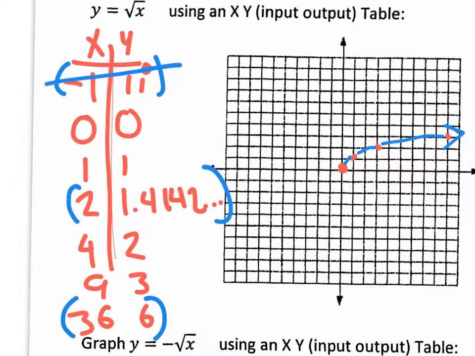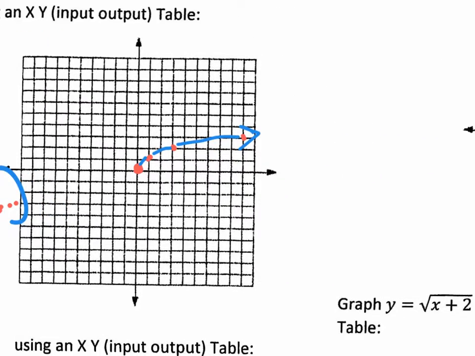But the nice coordinates are 0, 0, 1, 1, 4, 2, and 9, 3. Even 36, 6 is also on this graph, but you would have to go way over here, 36, and then 6. So it's still on that curve, but it's way off the graph.